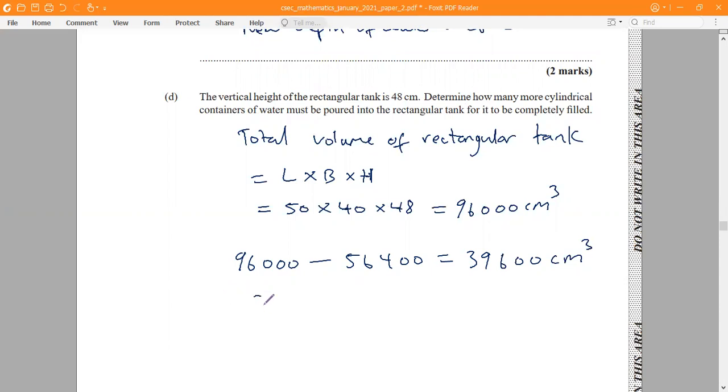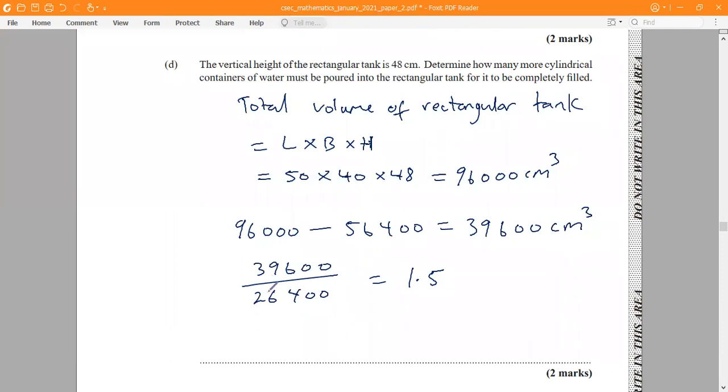Let's divide 39,600 by 26,400 to see how many cylinders we need. 39,600 divided by 26,400, I got 1.5. So 1.5 cylindrical containers of water must be poured into the rectangular tank.